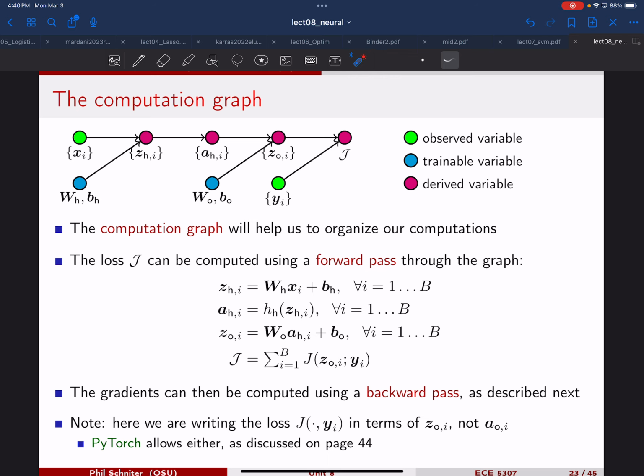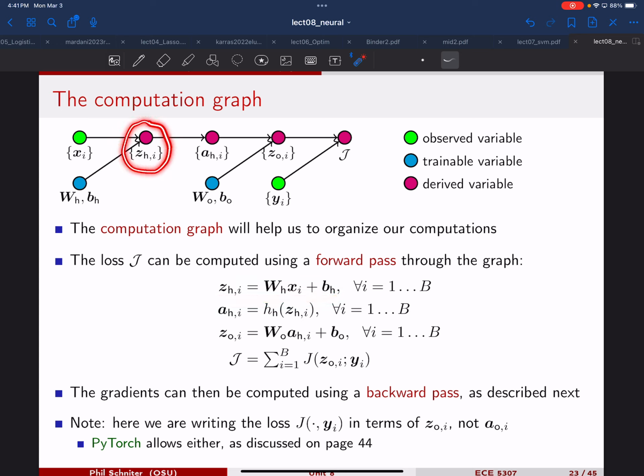So if I tell you x_i and I tell you the current parameters, you can compute the scores for that sample i. And now we're going to think of i as being an index within our mini batch of size B. So we're going to have to do this operation for i equals 1 through B. And then we will know these numbers.